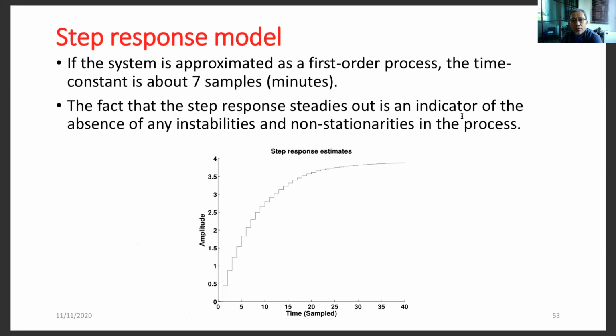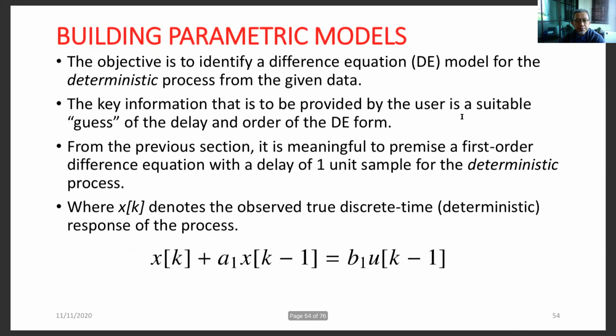In minutes, the fact that the step response settles out is an indicator of the absence of any instabilities and non-stationarities in the process. So the objective in parametric models is to identify a difference equation model for the deterministic process from the given data. You can guess the time delay, maybe 1 second or 0.1 second and so on.